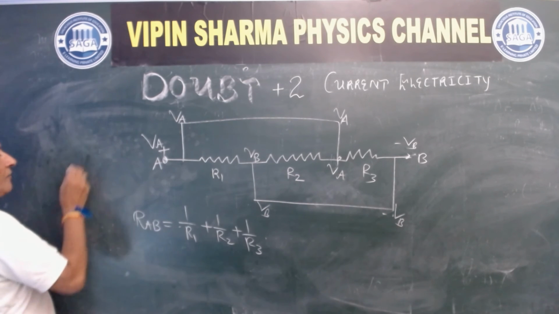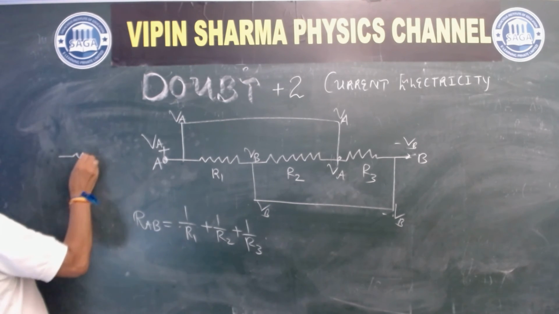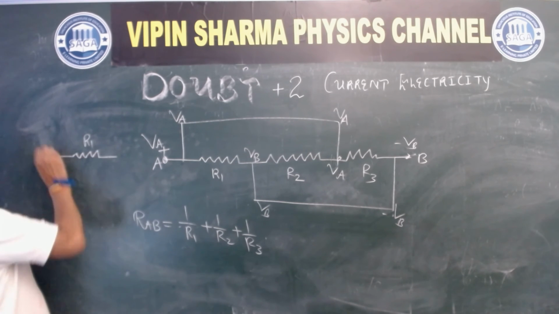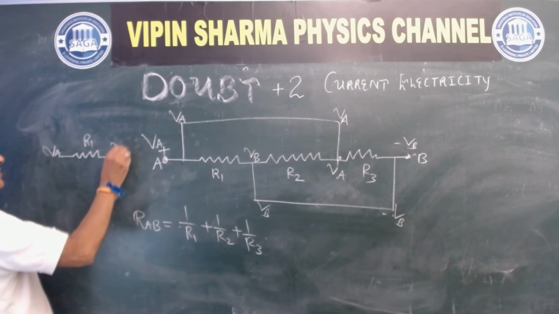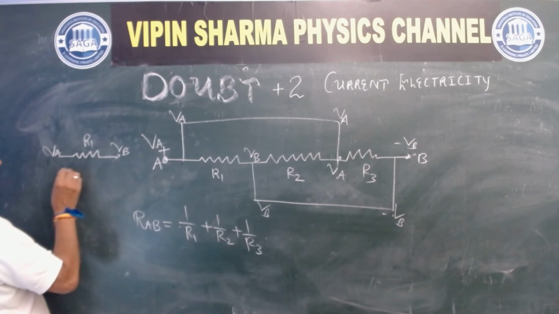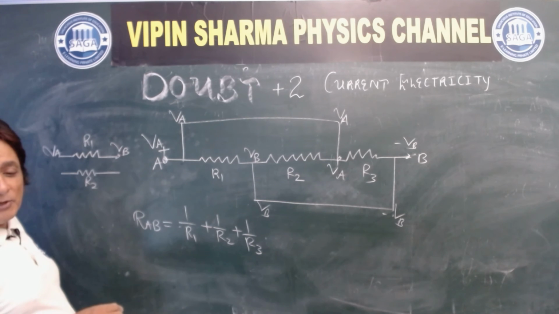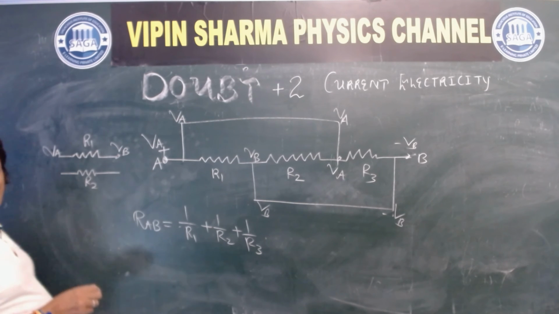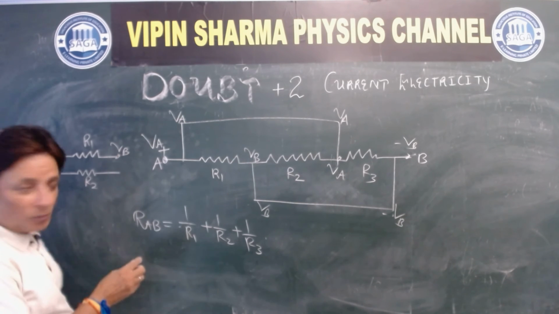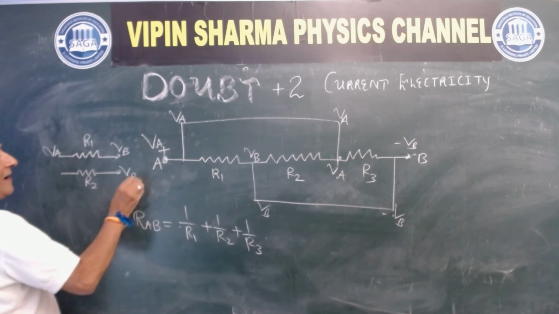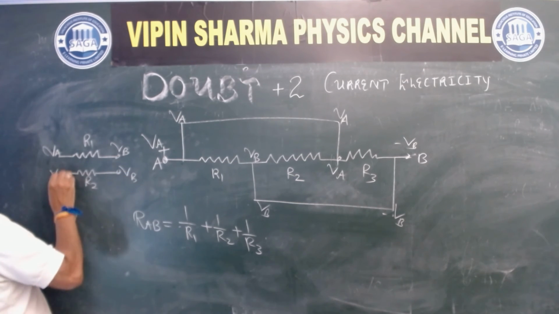Now take R1: here it is VA, here it is VB. Take R2: this is VB and that is VA.